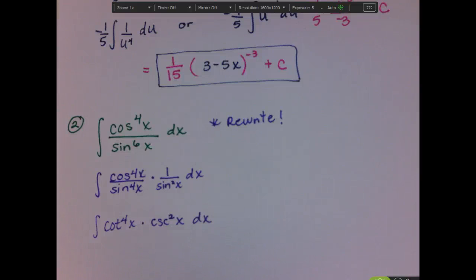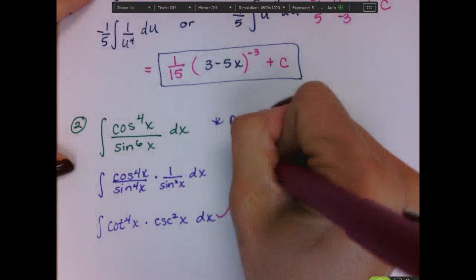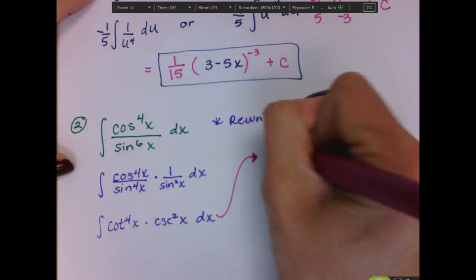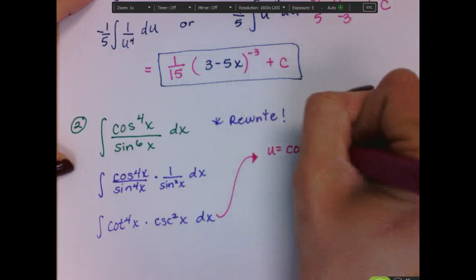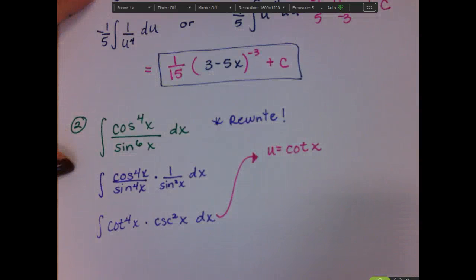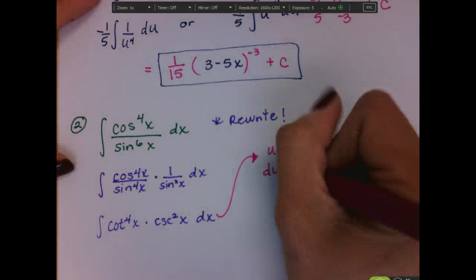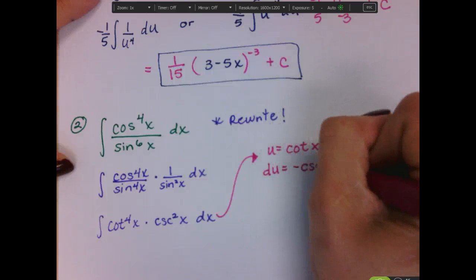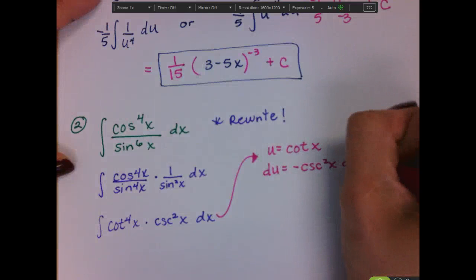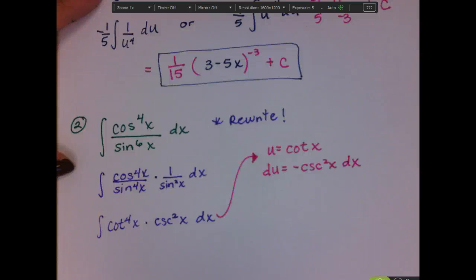Alright, so if I rewrite it, let's see if substitution will work for me. So one thing that I'm going to try is letting u equal the cotangent of x. The reason that I did that is because I know that its derivative is negative cosecant squared.